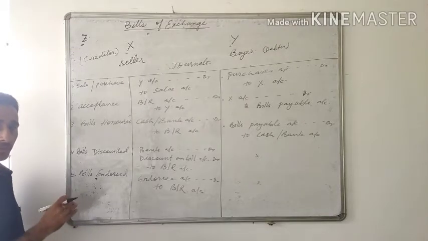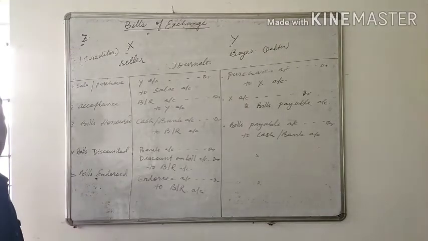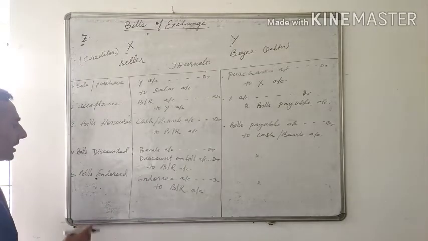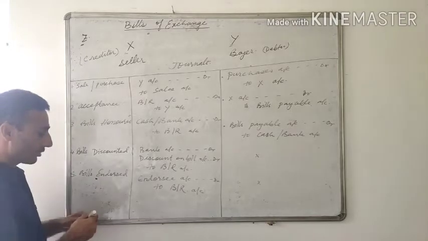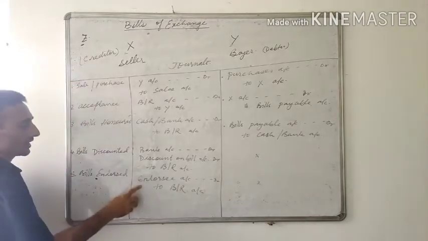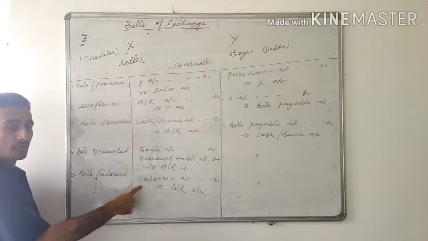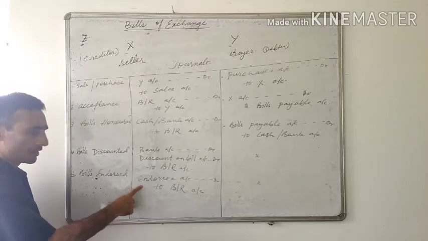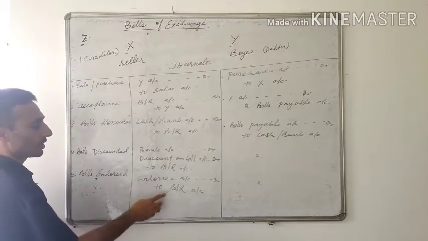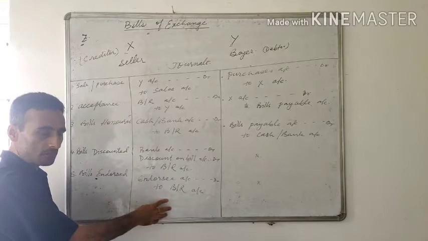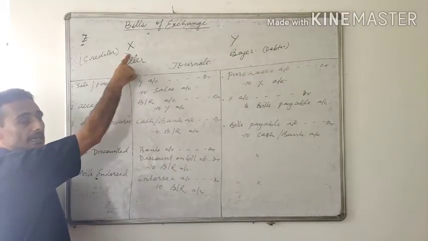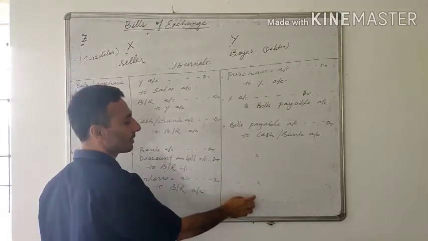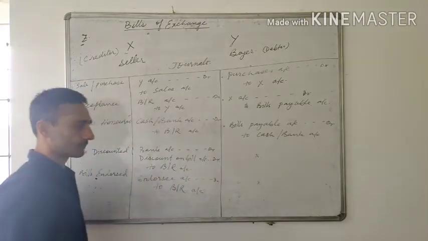So making payment to a third party through that bill is known as endorsing the bill. Endorsee means here Z is the endorsee, because Z is receiving this bill. So endorsee account debit to bills receivable account, and this is endorsed by X. That is why no entry in the books of Y.